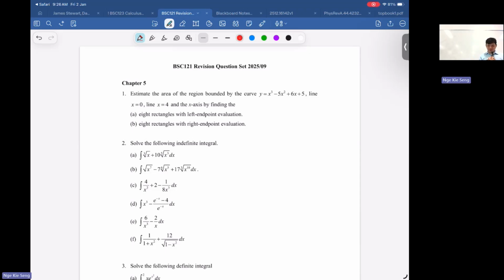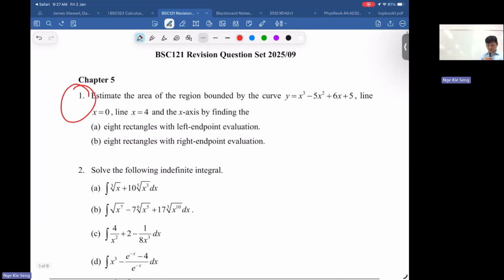Maybe we can start with chapter 5. In chapter 5, there's one question I want to discuss. Perhaps it's question 1. Because this is a kind of a concept question, not the usual calculation question. It's about Riemann sum.